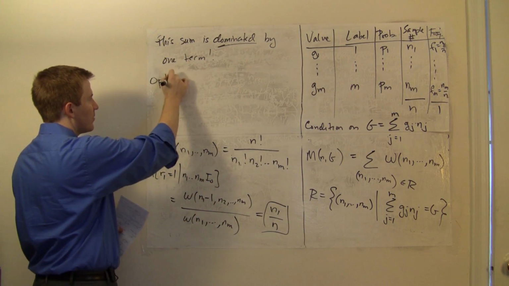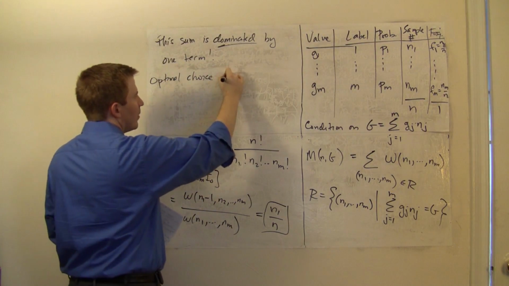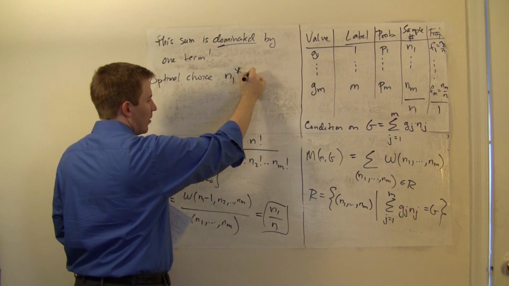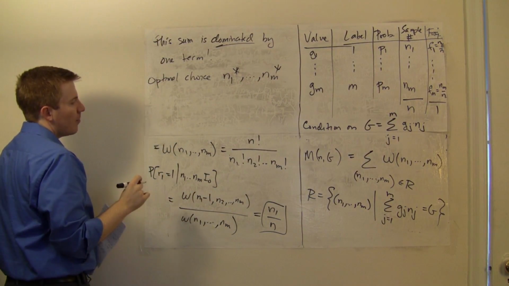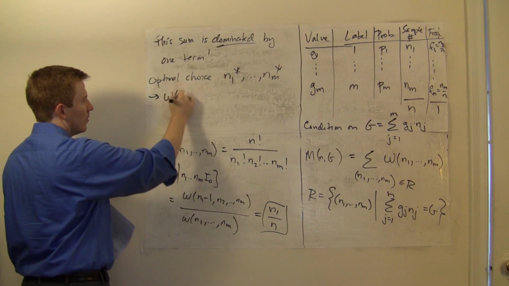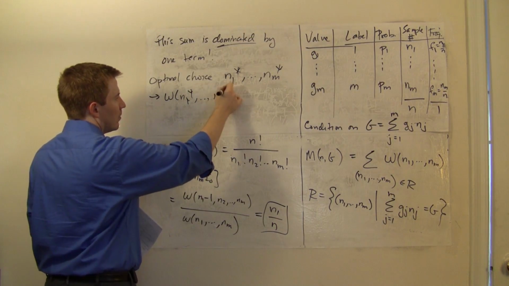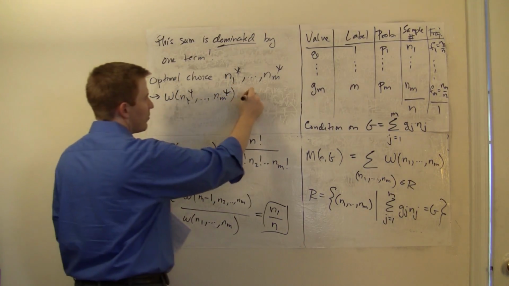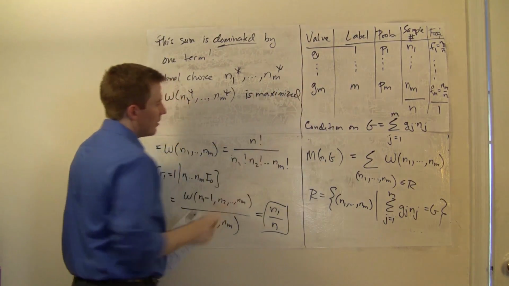Okay, I'll just write it this way. There's an optimal choice, say n1 star through nm star, that gives you the maximum value for this multinomial coefficient, right, for a given n.